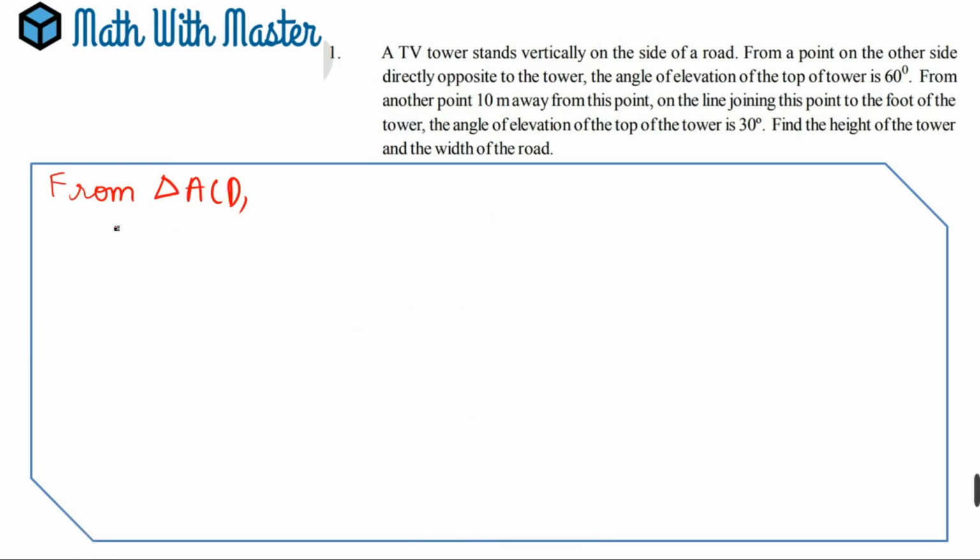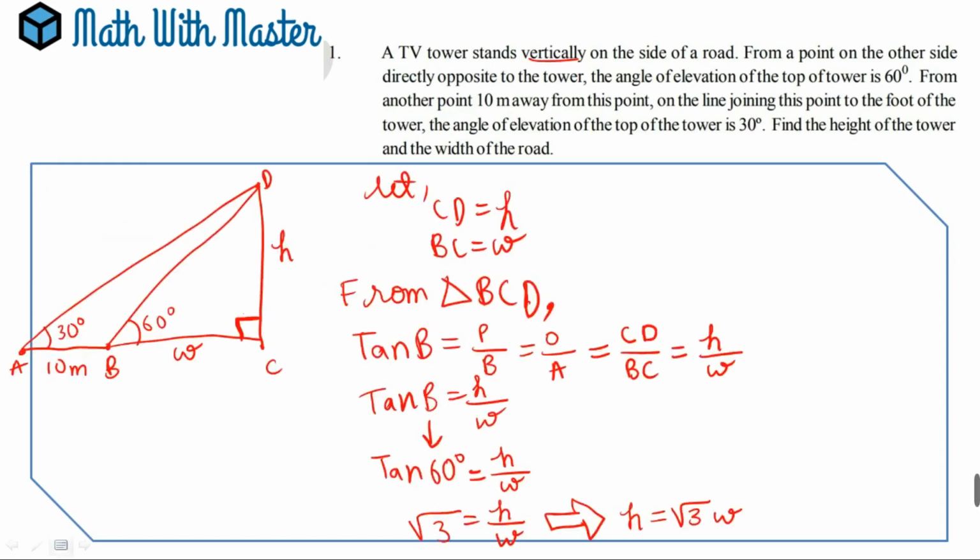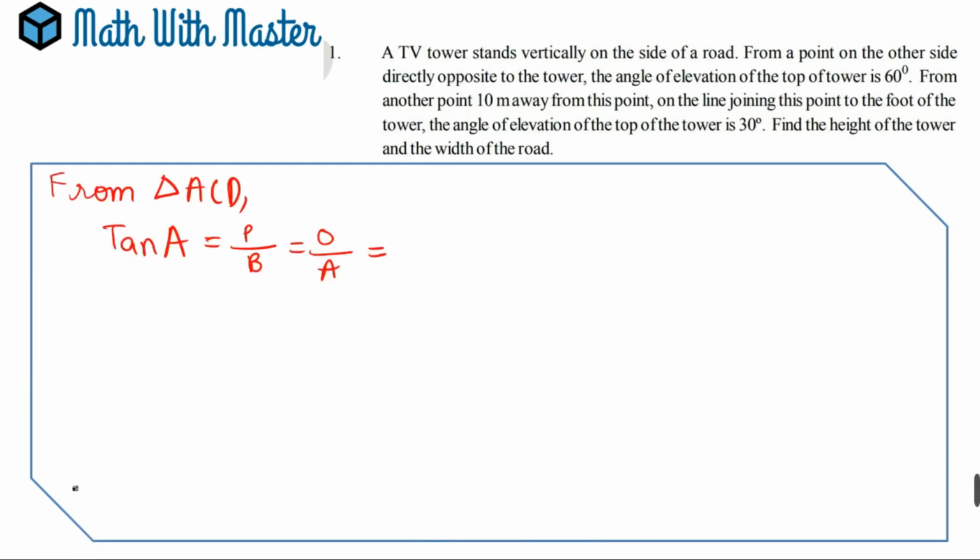So from triangle ACD, tan A, our theta is A over here, which is equals to perpendicular upon base, which is also equals to opposite upon adjacent, which is equals to, for angle A, perpendicular is CD and base is AC. So this will be CD upon AC.